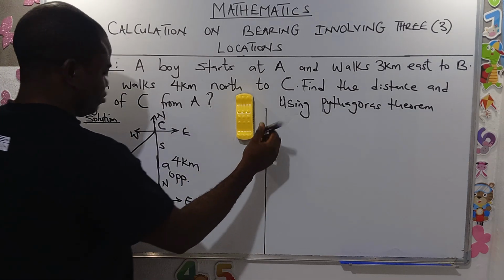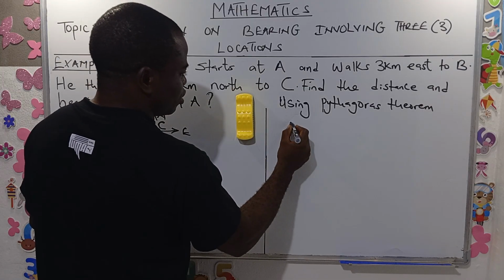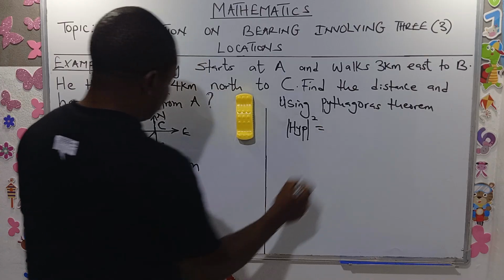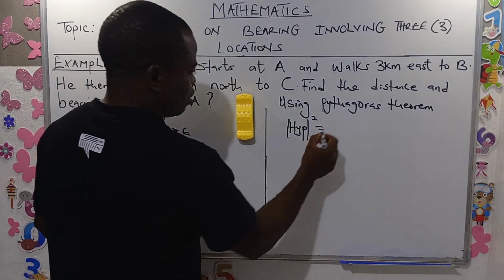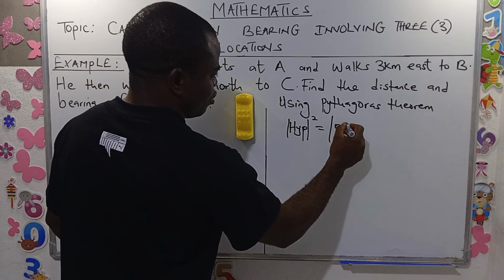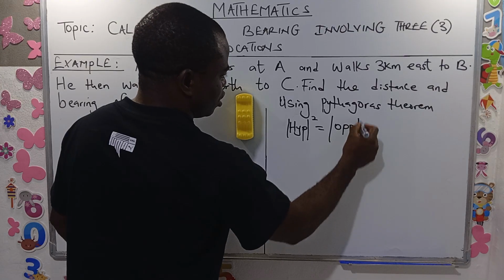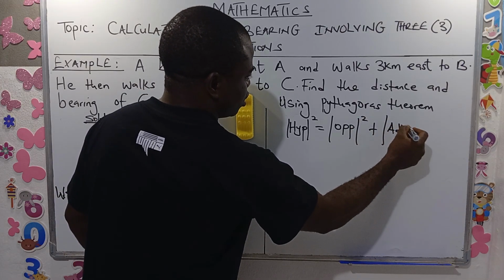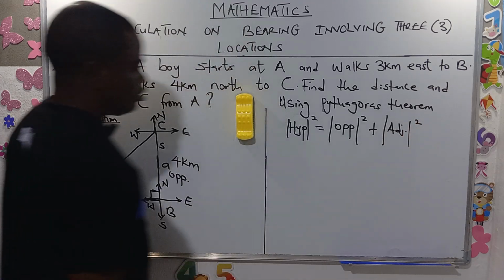Now say, the hypotenuse squared equals the opposite squared plus the adjacent squared.